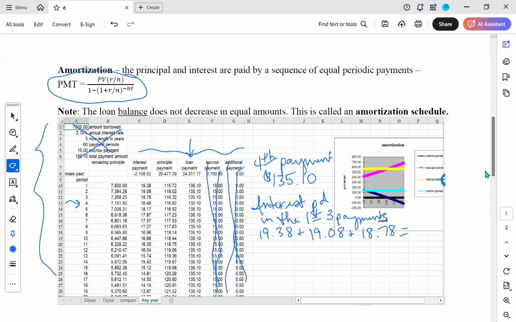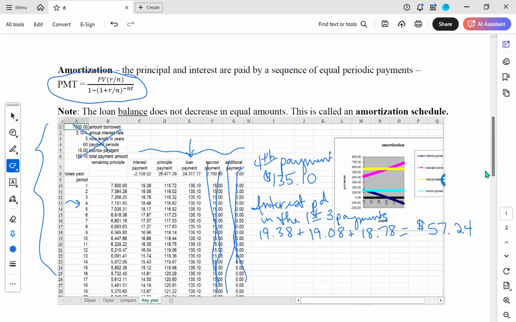So now, when I add these together, and I failed to add those ahead of time, so just a minute. So when I add these, I end up with the first 3 interest payments being $57.24.